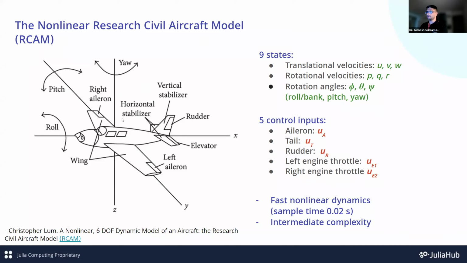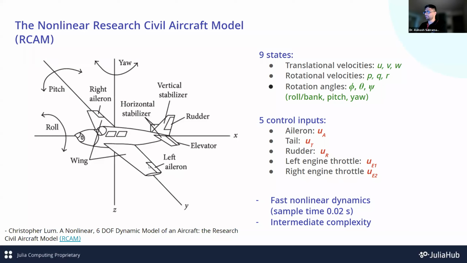And then the rotation angles, again about x. So in this case, it would be the roll or the bank angle. Rotation about the y-axis, in this case, is the pitch. So it would be, for instance, pitched up during takeoff. And then the yaw angle, which is rotation about the z-axis.